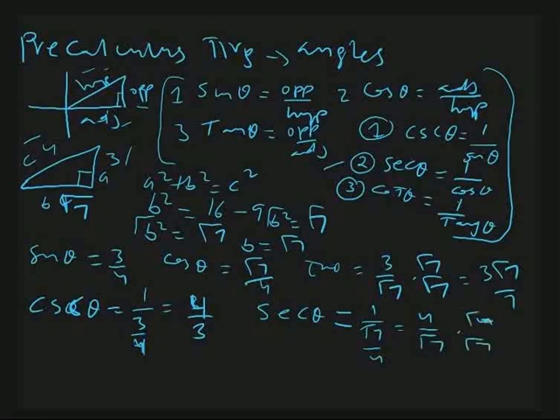The bottom becomes 7 and the numerator will be 4 square root of 7. So your secant becomes 4 square root of 7 over 7.